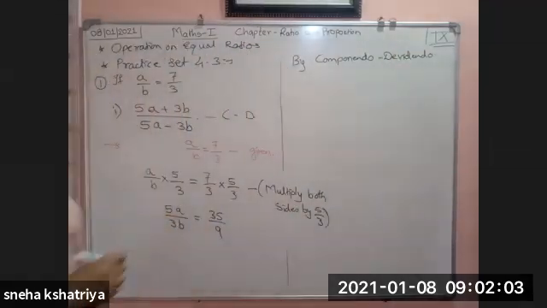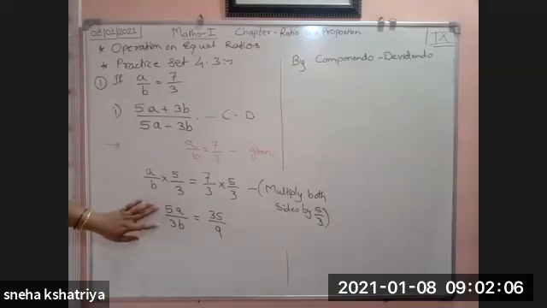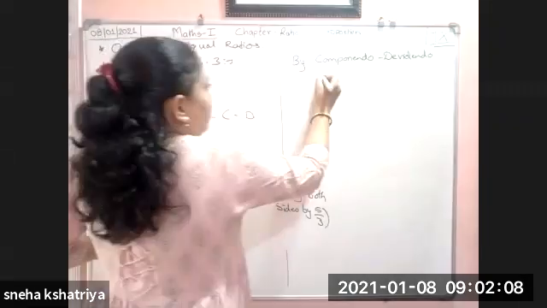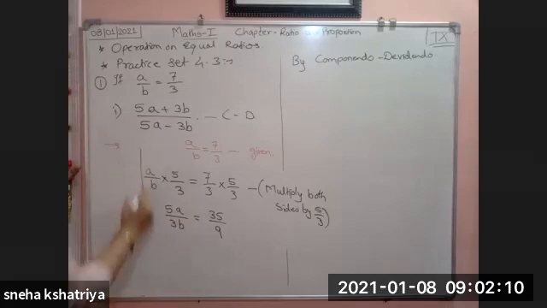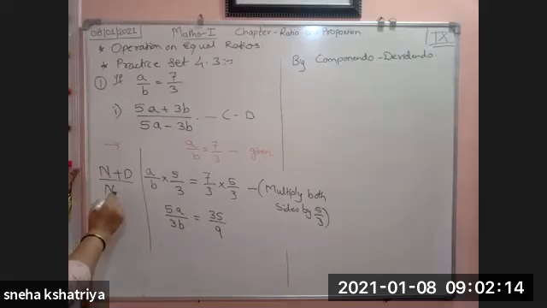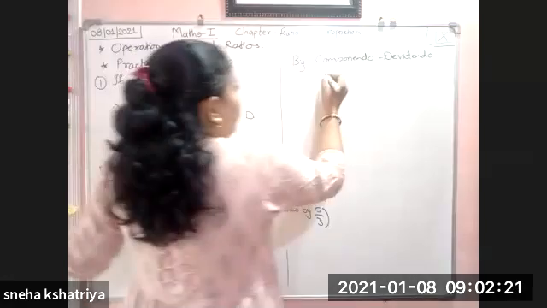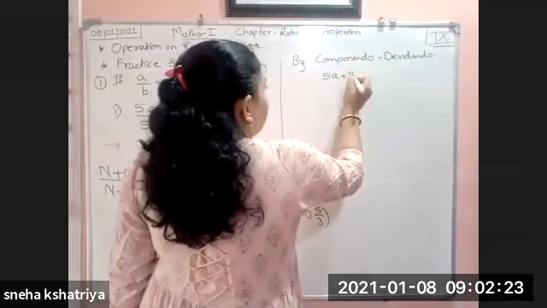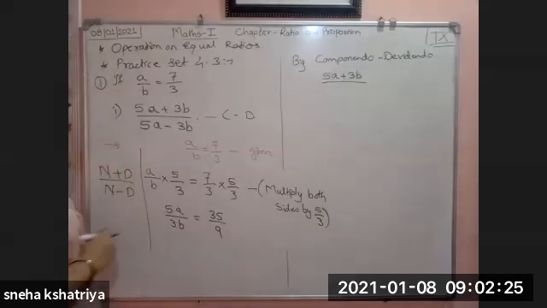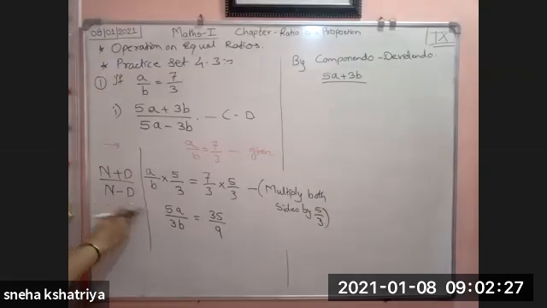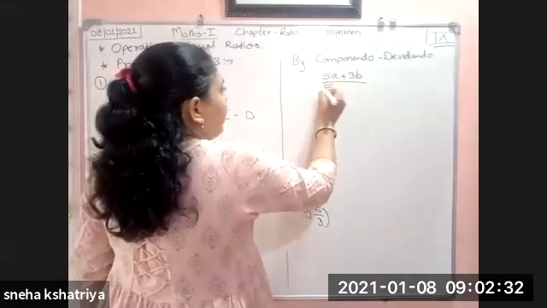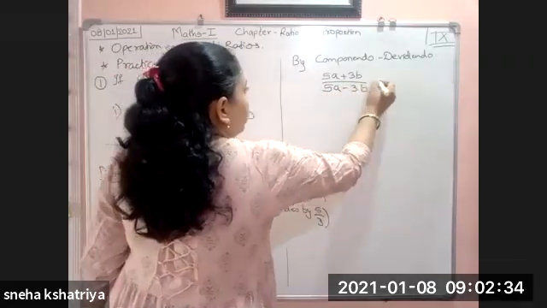Use the componendo and dividendo operation. What is componendo and dividendo? It is numerator plus denominator divided by numerator minus denominator. The numerator is 5A, the denominator is 3B. First addition: we get 5A plus 3B divided by numerator minus denominator, 5A minus 3B.